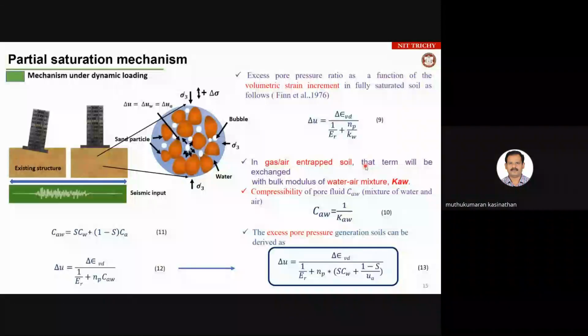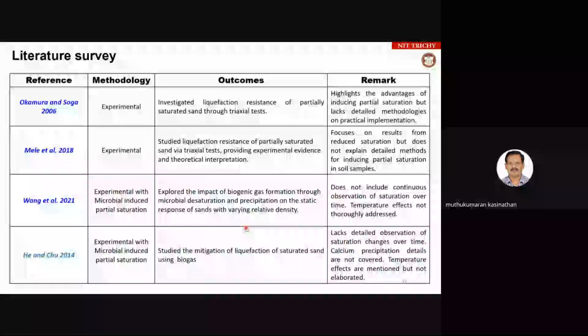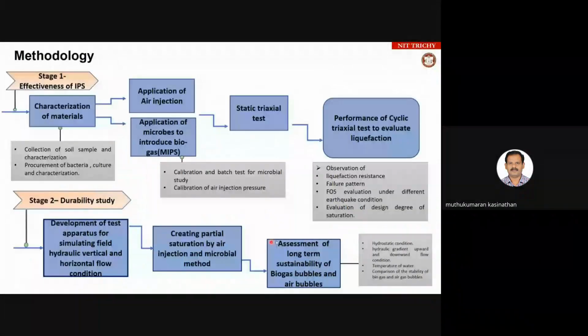Basically, we are concerned with the compressibility modulus. I'll skip all this literature background. These are the objectives related to that particular problem. This is the basic methodology we have.